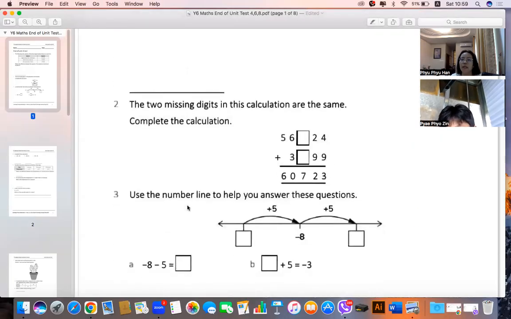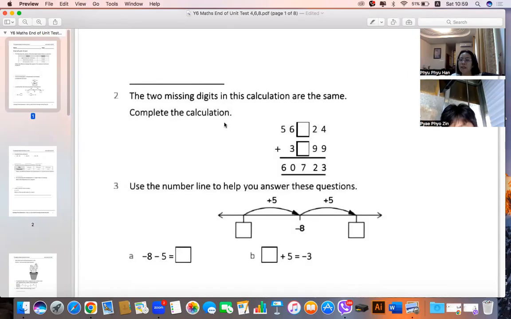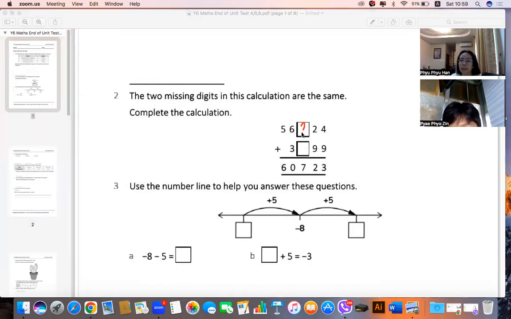Now number 2. The two missing digits in this calculation are the same. What does it mean? This blank and this blank here have the same value, and we complete the calculation.